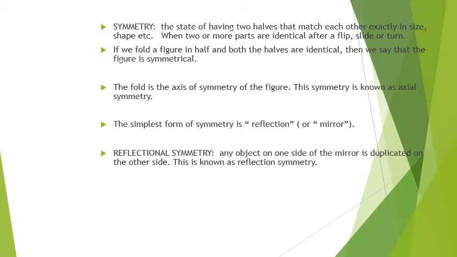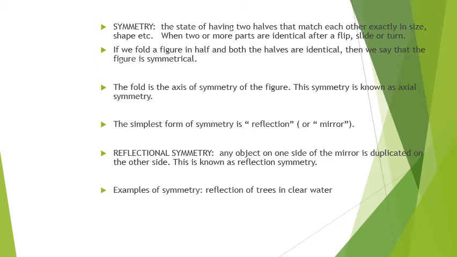You see your own reflection, which is duplicated, meaning you see your image identical. So that is called reflectional symmetry. Any object on one side of the mirror that is duplicated on the other side is known as reflection symmetry.